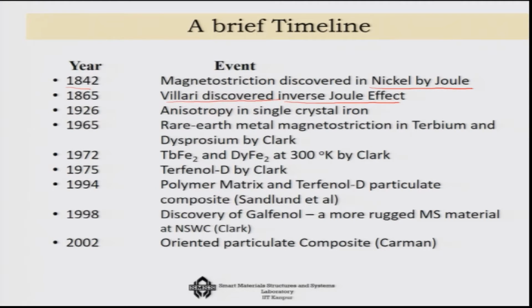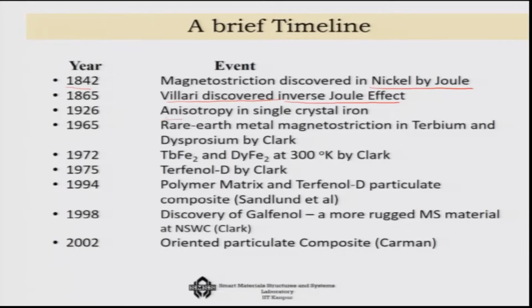Just like piezoelectric material, where we have seen that if you apply mechanical force, it was generating charge. In this case, the first effect was of course the direct effect, that means if you apply the magnetic field, it was changing its length, but later on it was found that if you change length, it will change its state of magnetization, which is the Villari effect.